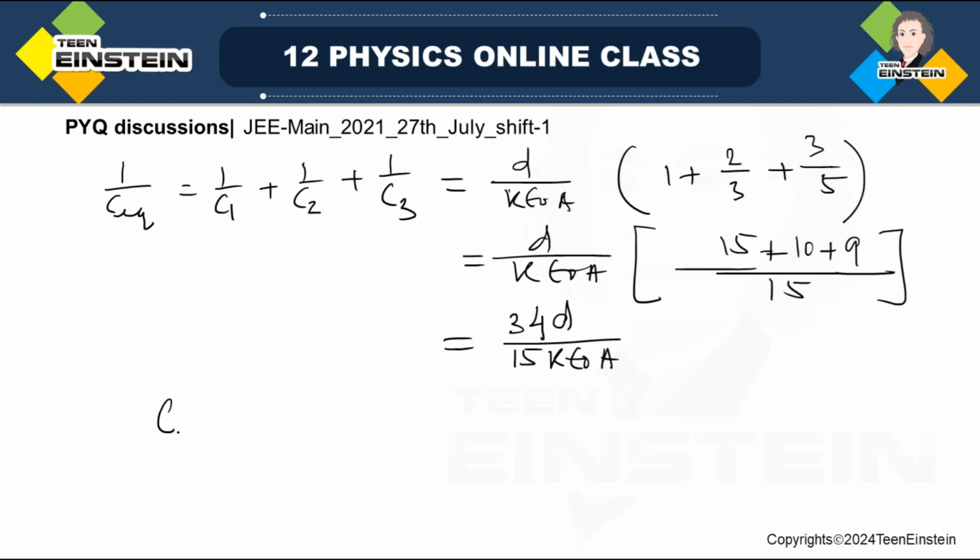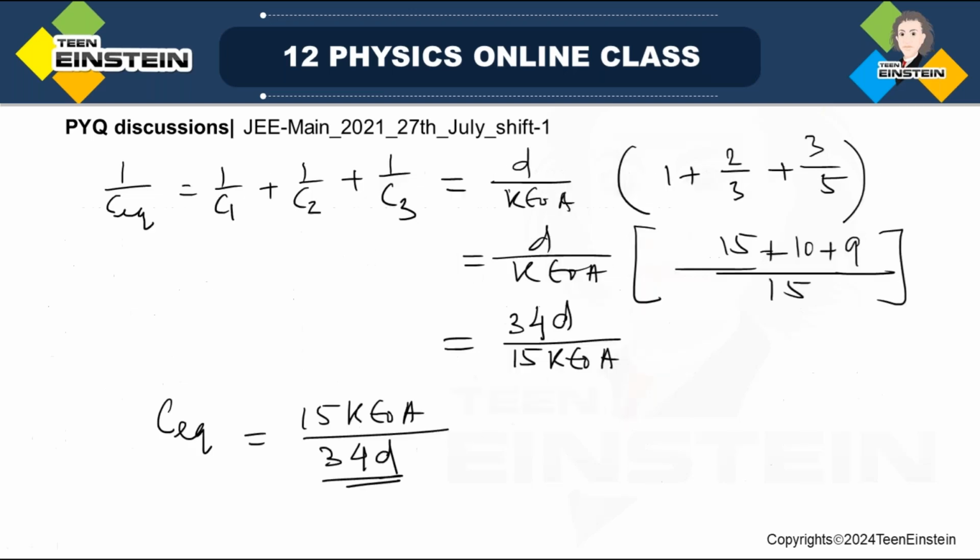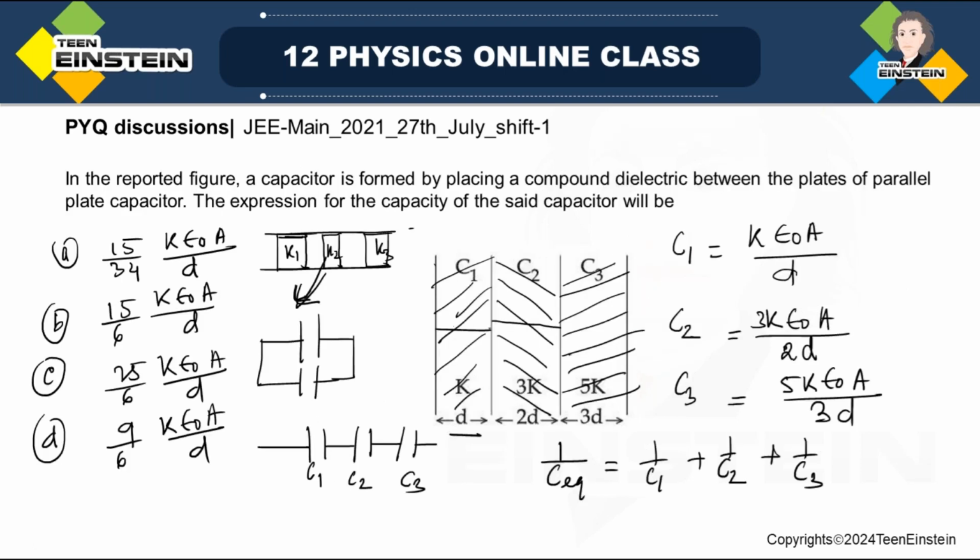Now if we take reciprocal, then C equivalent will be 15 K epsilon naught A by 34 D. Let us see whether this option is available. Yes, the first option, we have got 15 K epsilon naught A divided by 34 D, the same. So option A will be the correct answer for this question. All right, we'll move on to the next problem.